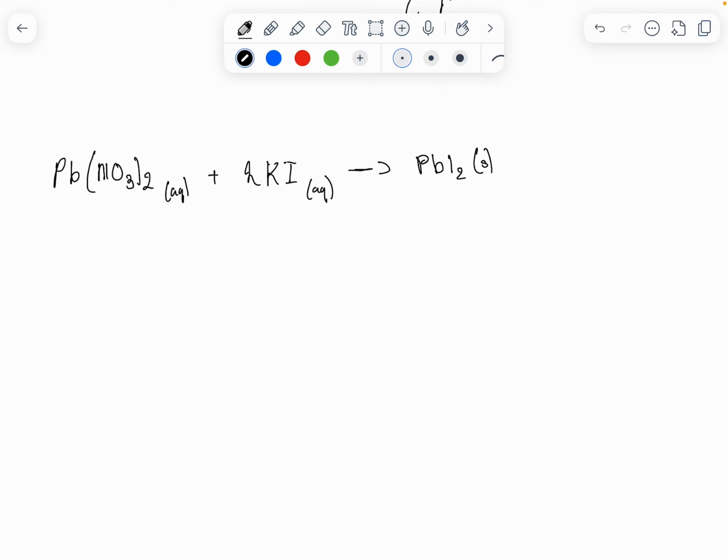And this is the question, by the way. This is how they're going to give it to you in the actual exam. I'm reading it off a question.